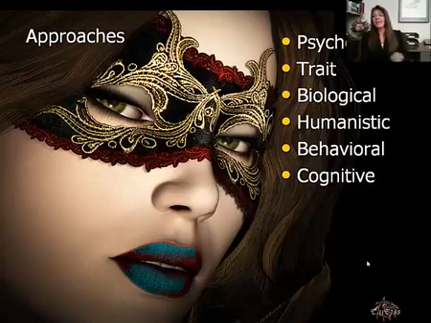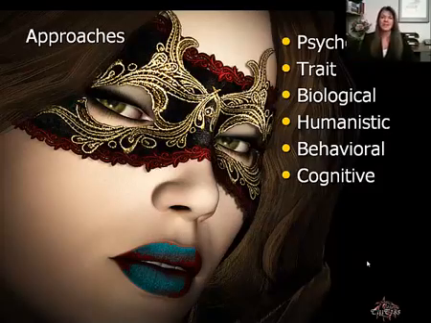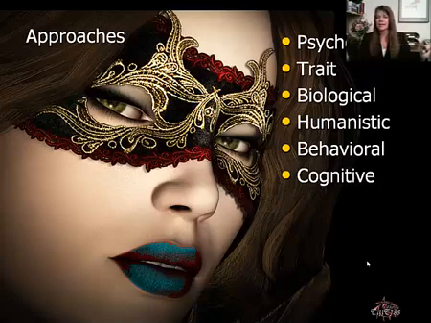Okay, so for the psychodynamic approach, these first two hopefully were very easy for you because we just covered them in great detail. The psychodynamic approach, of course, was unconscious influences, things that affect your personality without your knowledge. The second one, the trait approach, is trait dimensions, studying personality using trait dimensions.